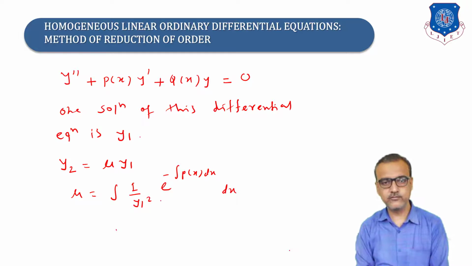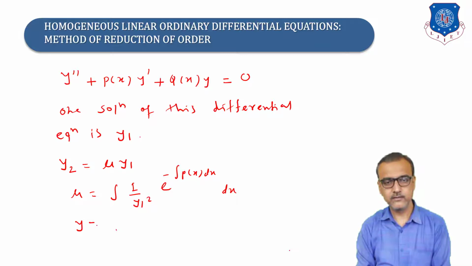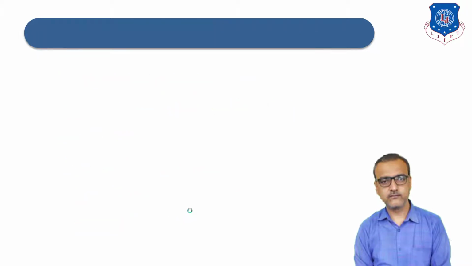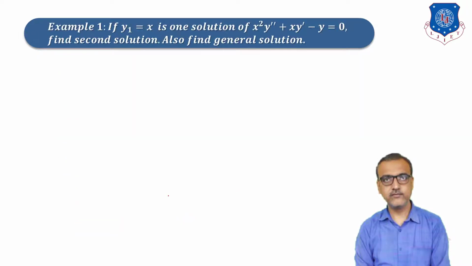With the help of this formula, we will find out u, and then with the help of u we will find y2, that is u y1. And the general solution y is c1 y1 plus c2 y2. Now we will see an example related to this topic.